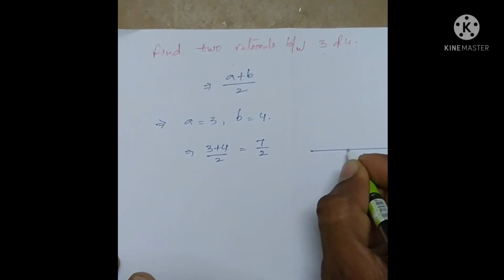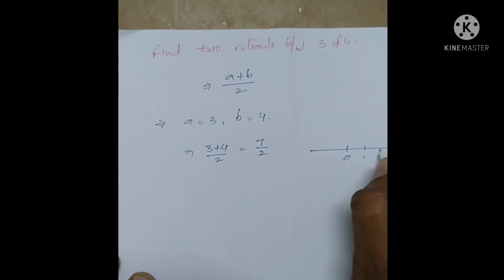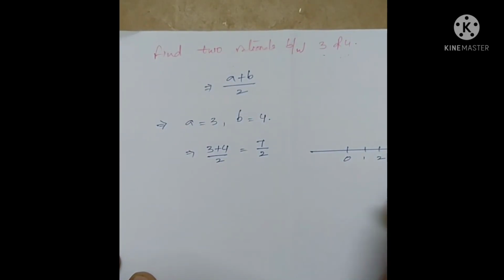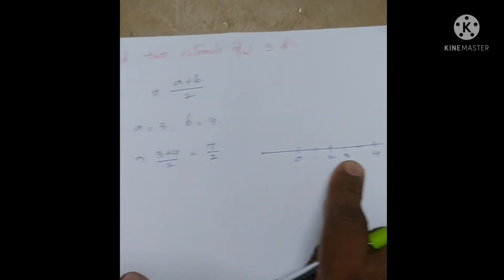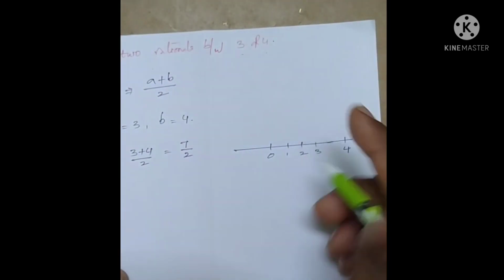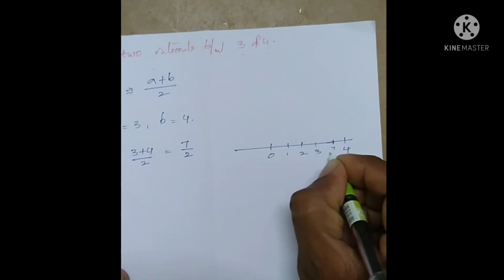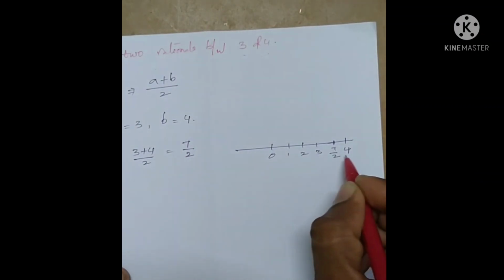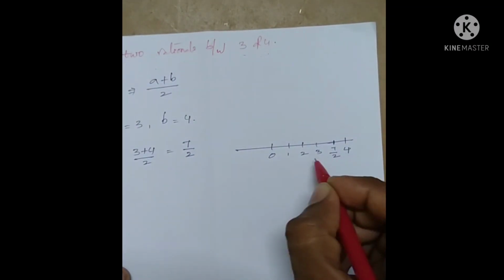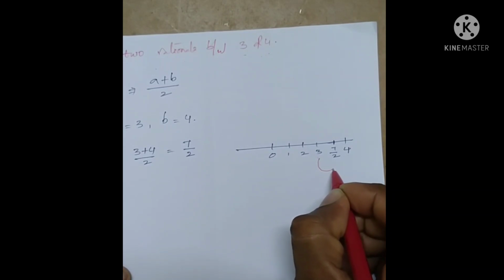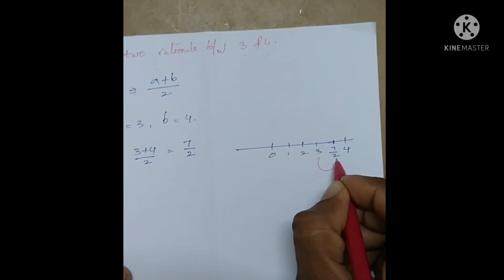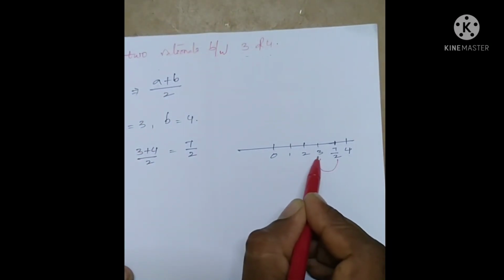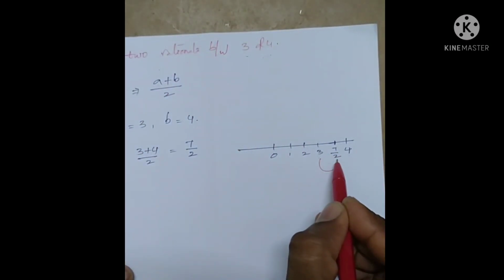So 0, 1, 2, 3 and 4. So the rational in between 3 and 4 is 7 by 2. Now the rational in between 3 and 7 by 2: here a is equal to 3 and b is equal to 7 by 2.